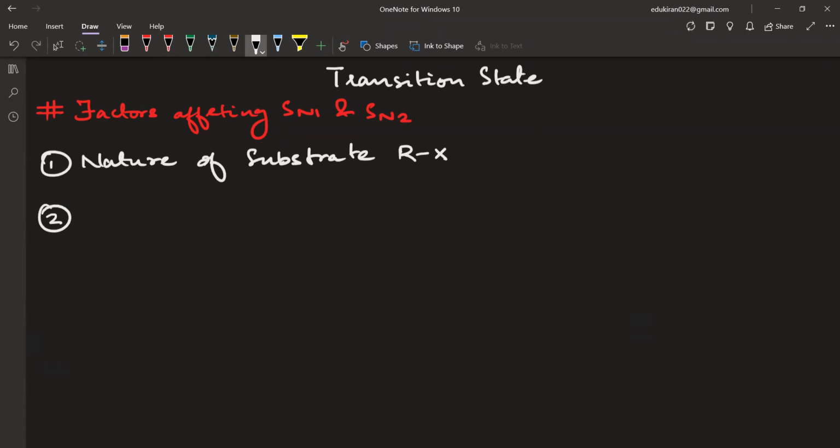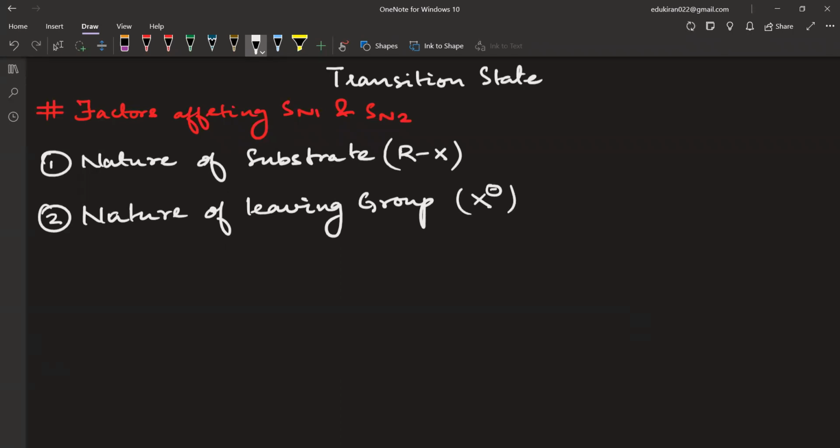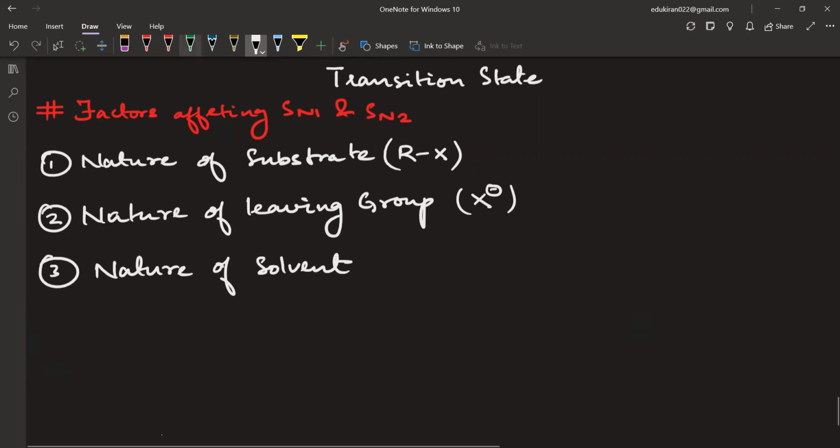Second, we will look at the nature of leaving group, that is your X negative. Third, we will look at the nature of solvent. Write the first topic: nature of substrate.